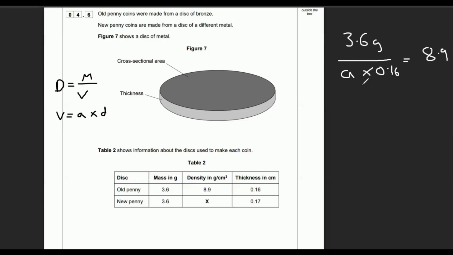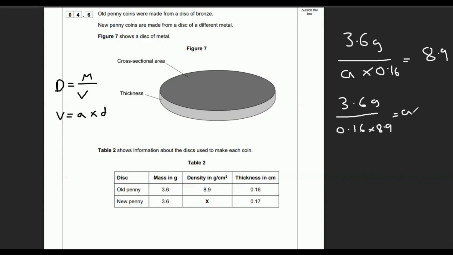Now, I can rearrange this to find A, and I can do 3.6 divided by 8.9 times 0.16, and that will give me A. So let's do that. 3.6 divided by 0.16 times 8.9, and that is going to give me A.